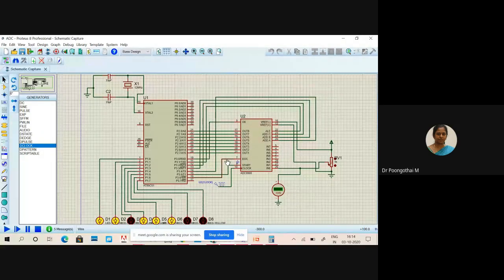So end of conversion is connected to P3.6. It is a read pin. So the signal is generated from ADC to microcontroller. If the pin is a write pin, the signal is transferred from 8051 to ADC. Okay. So output enable is connected to P3.0.